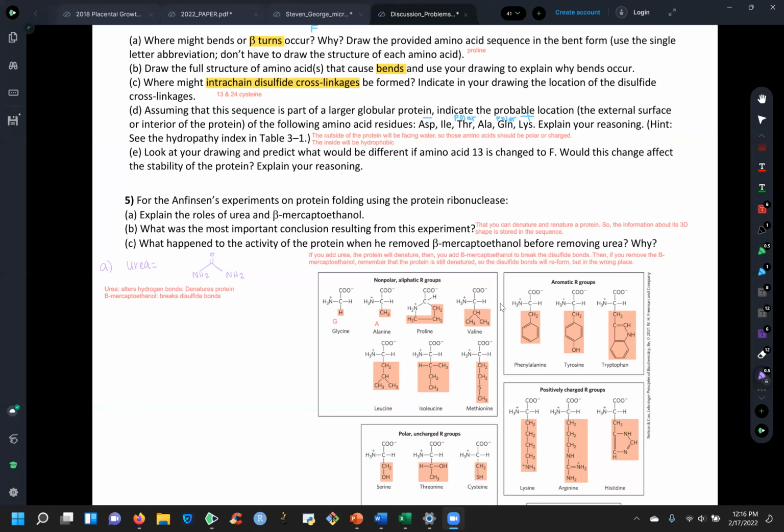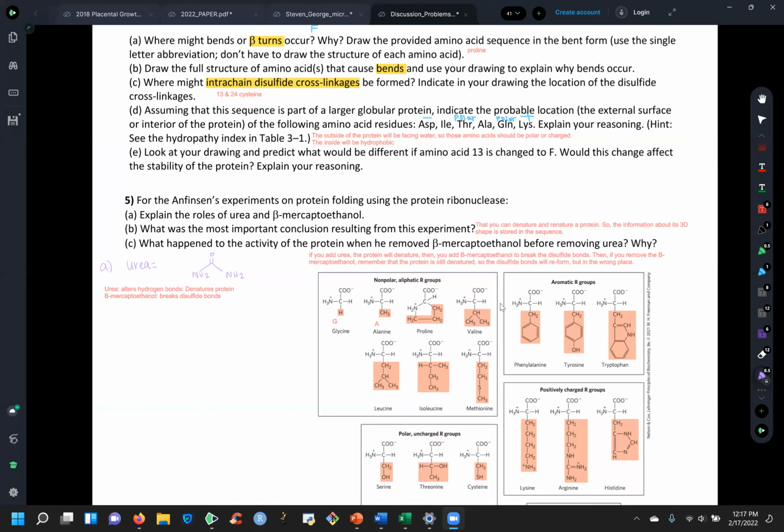Well, if you remove urea first, the protein is going to start folding back into its three-dimensional structure. Those disulfide bonds are still going to be broken, but you remove the urea, so the protein wants to fold back into its three-dimensional structure. And then you remove the beta-mercaptoethanol.